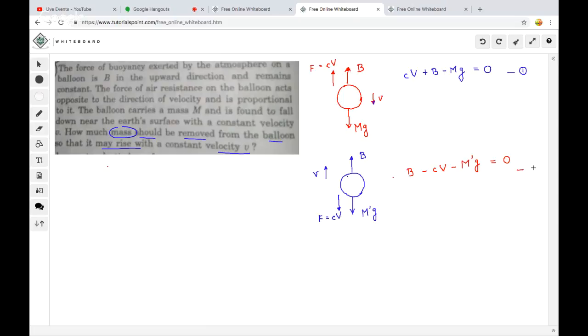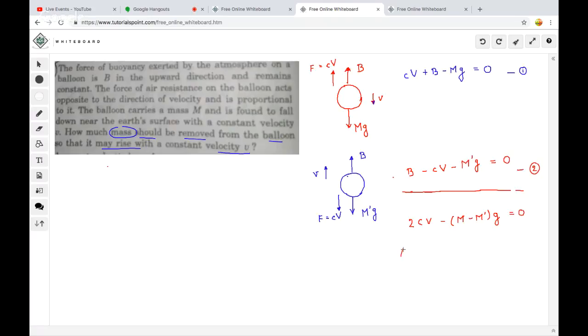So this is our second equation. Now we need to find the value of m minus m dash, as in how much mass you need to throw away. If you subtract equation 1 and 2, you will get 2CV minus (m minus m dash) times g is equal to 0.